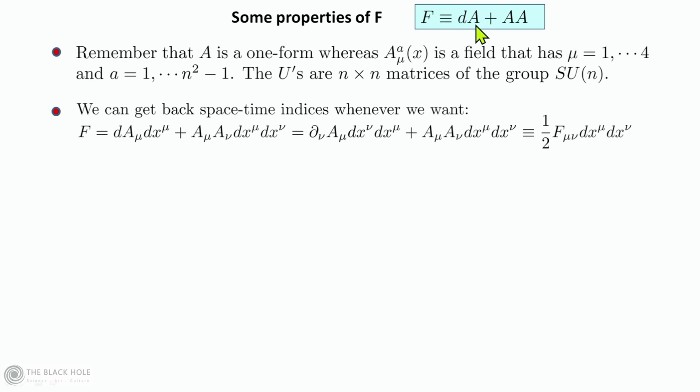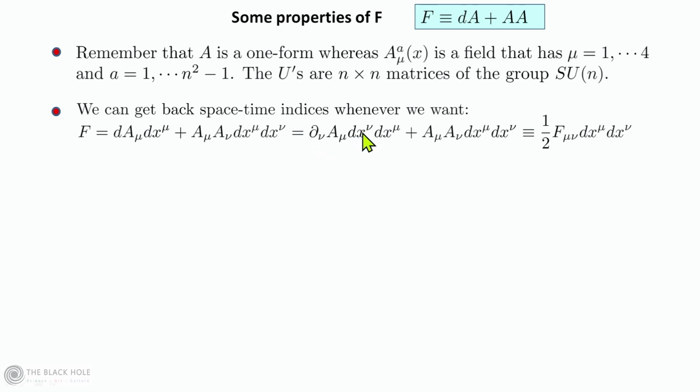Or just put, sorry, just put A equal to A mu dx mu. Right? Over here, instead of A, I put A mu dx mu. Here I have two A's, so A mu A nu dx mu dx nu. All right. Now, what is d A mu? It's d nu A mu dx nu.